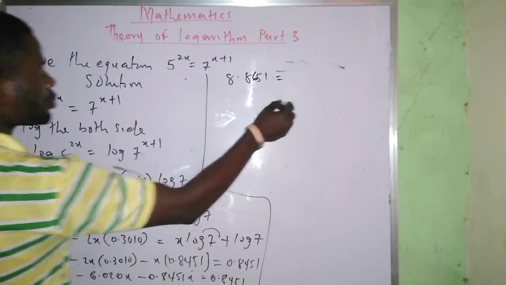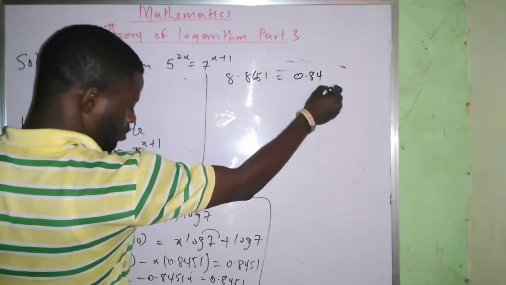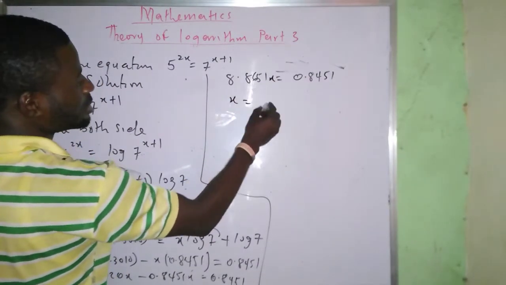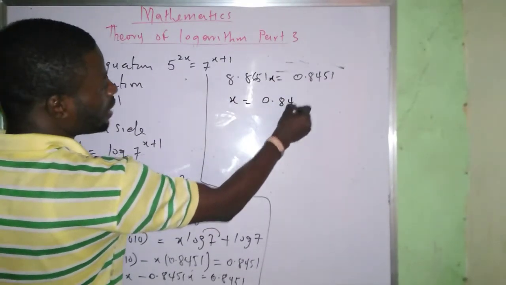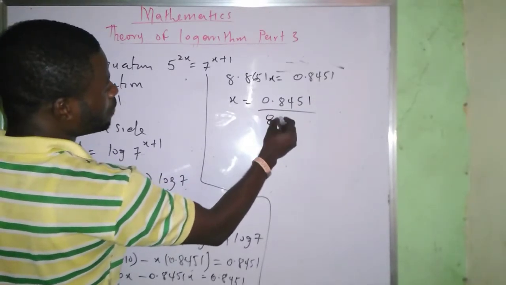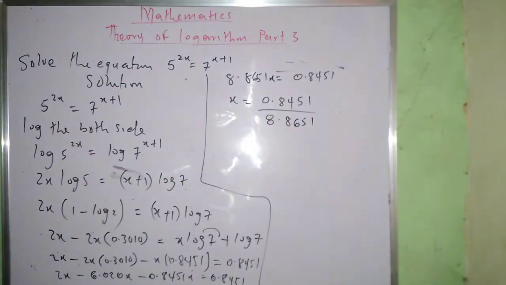Which I will have 8.8651 equals 0.8451, which I have is x. My x equals 0.8451 divided by 8.8651. Whatever I have, that is my final answer.